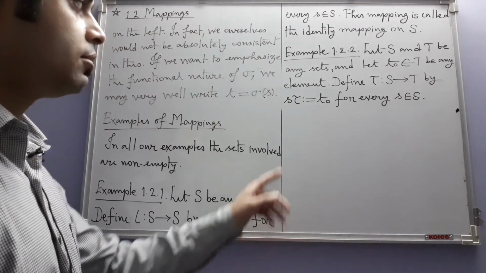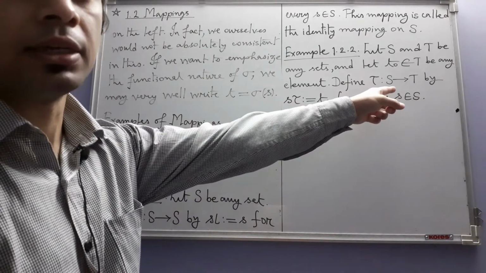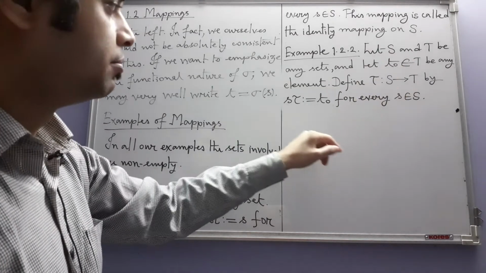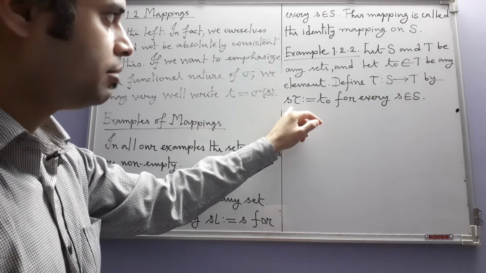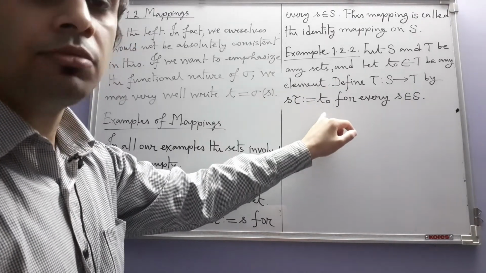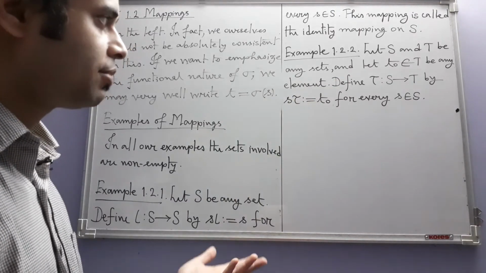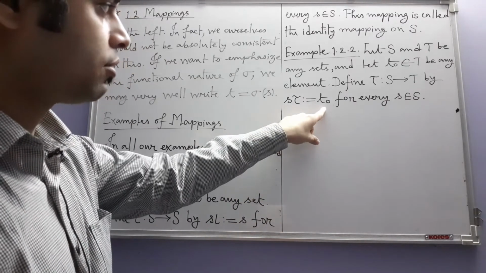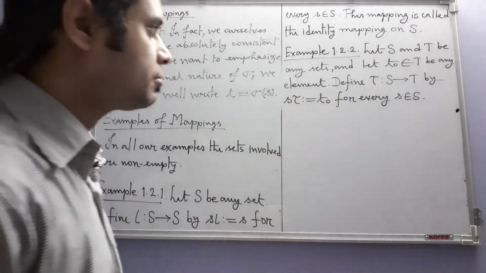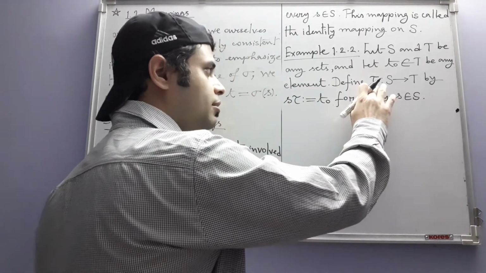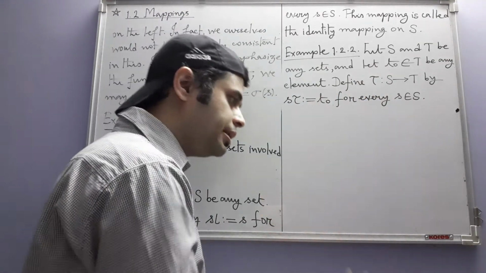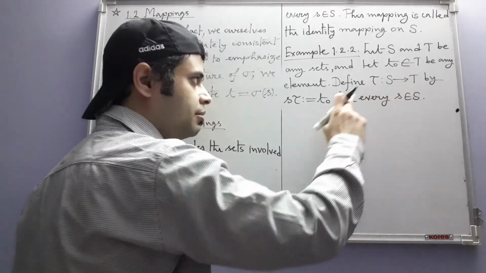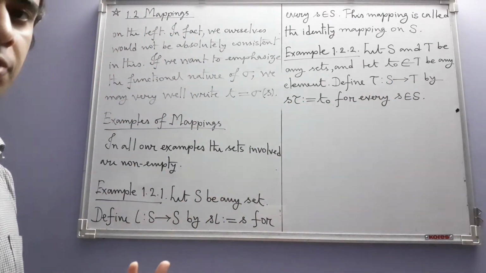So here what we are doing, we are mapping every element of S onto the same fixed element t naught in capital T. So here also note that every element in S has a unique image. So this is a mapping. In fact, one can call it a constant mapping, where the mapping has the constant value t naught. Sometimes the mapping, instead of calling it tau, we call it t naught itself by abuse of notation. Although t naught is an element in T, sometimes we call the mapping itself t naught.